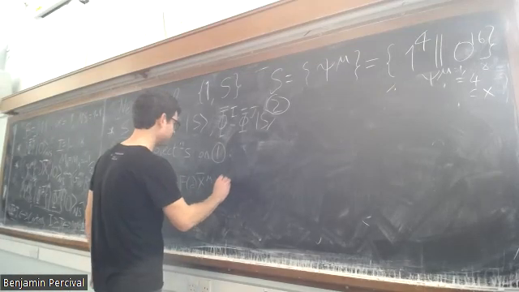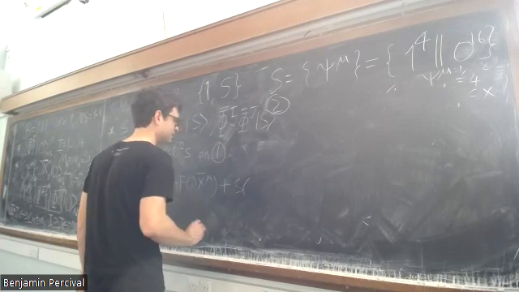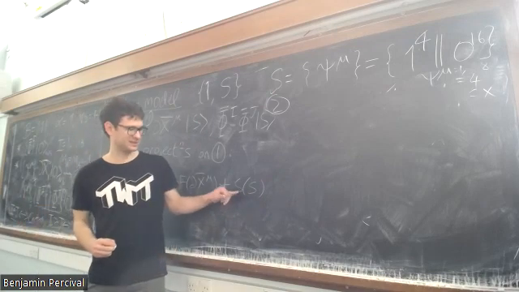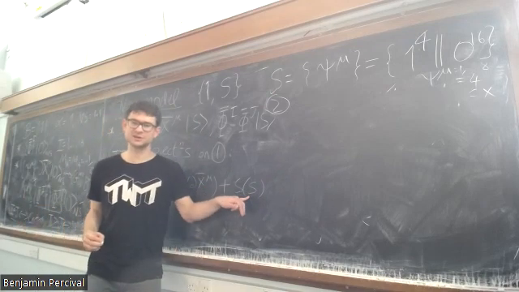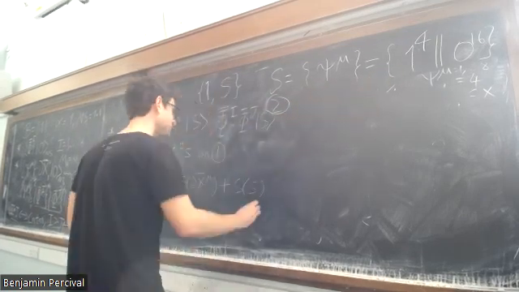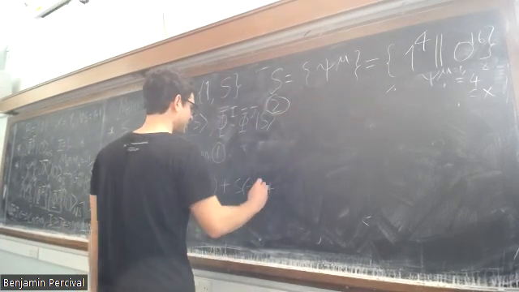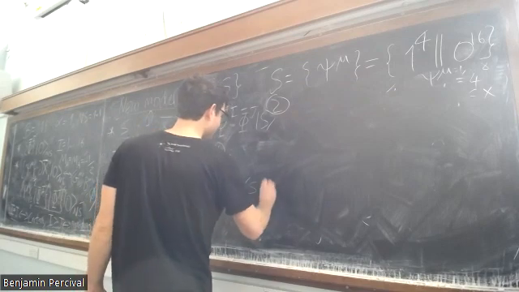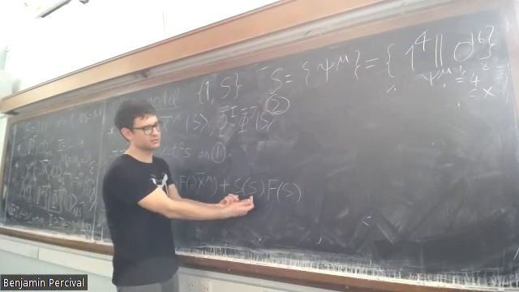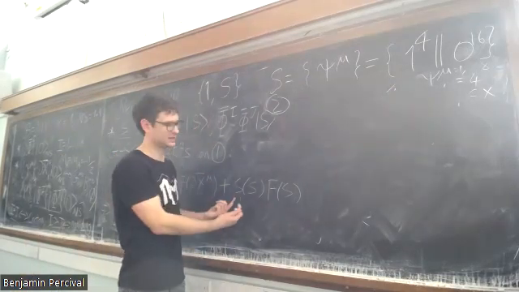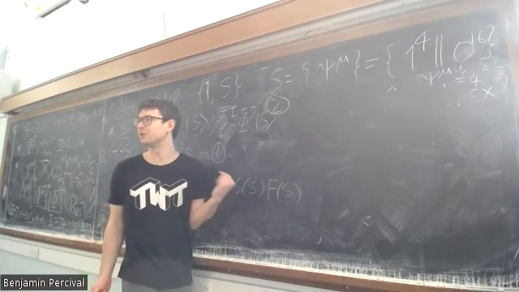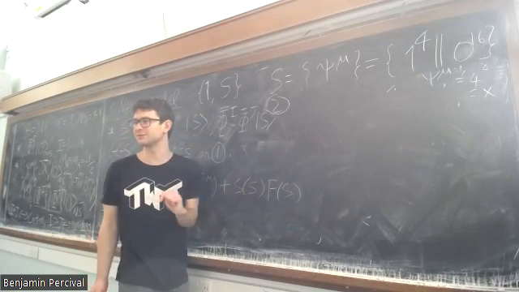And then plus S acting on S, so the boundary conditions of S, which you already wrote here, multiplied by the fermion number of S. So what this really means is, you're going through all the fermions and checking the boundary condition in sector S and multiplying it by the fermion number of that fermion.